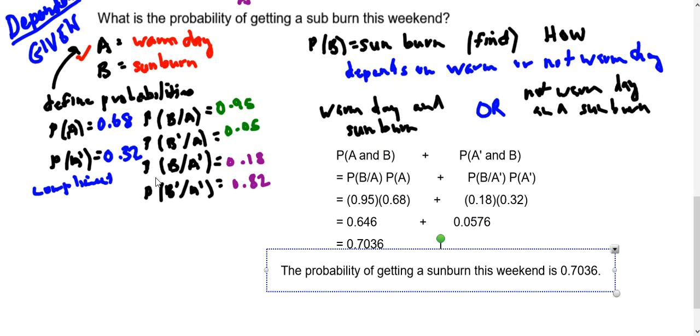So that depends. So it's heavily weighted that direction. All right. So we could figure out that information separately, and we can add those together. Or you could work backwards to say the probability of not getting a sunburn this weekend is about 30%.